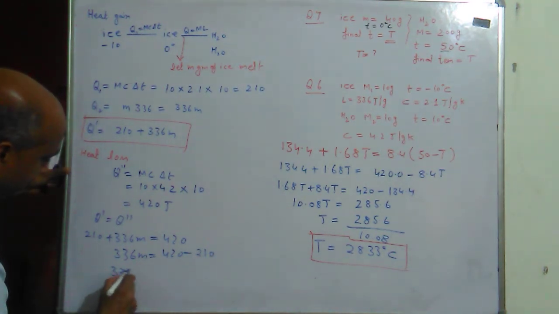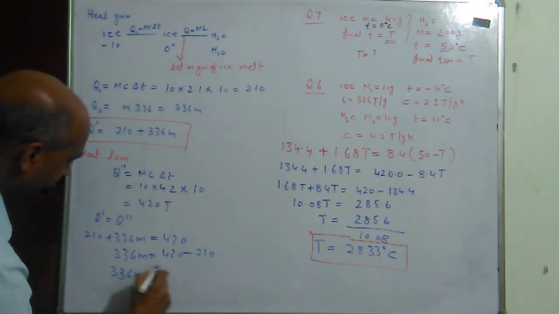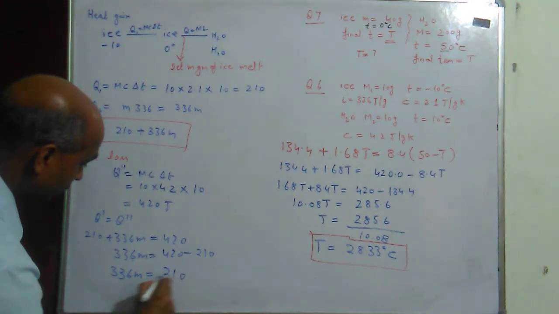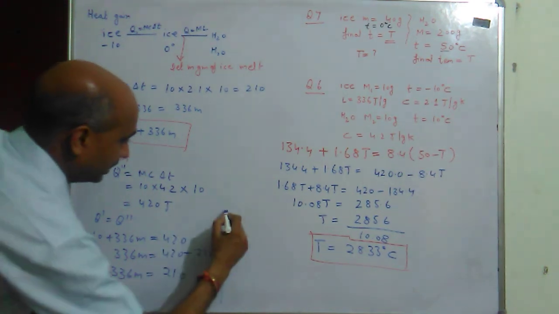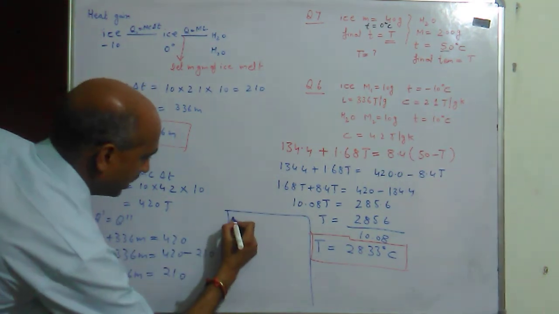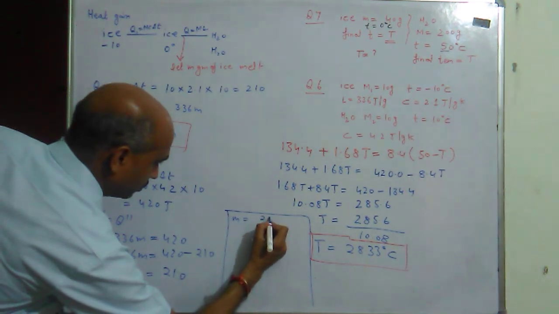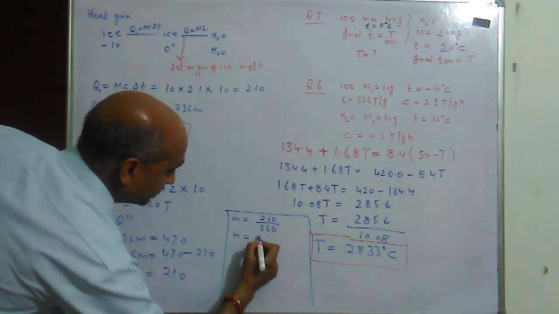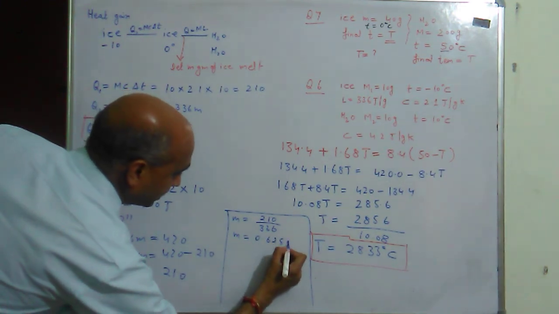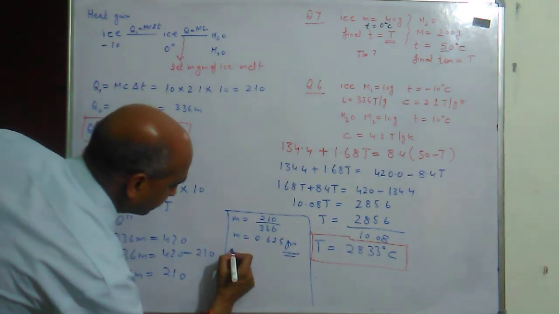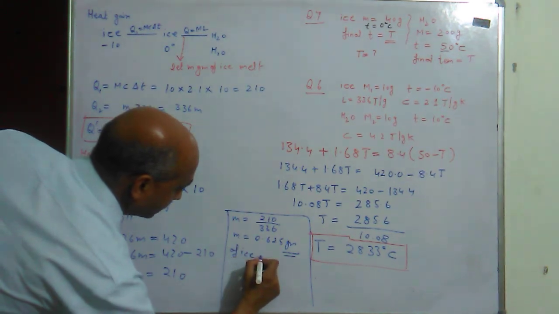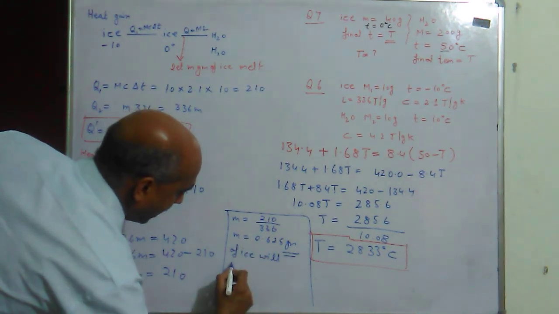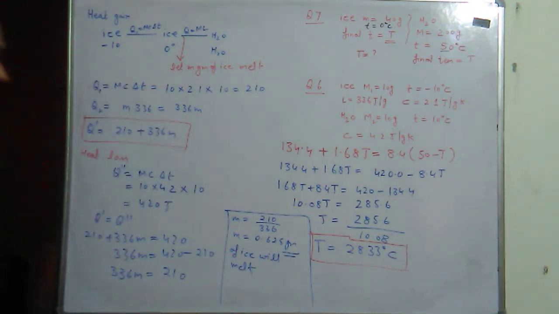So 336 m equals 210, so m equals 210 upon 336. Solving this we get 0.625 grams of ice will melt. So this much ice will melt.